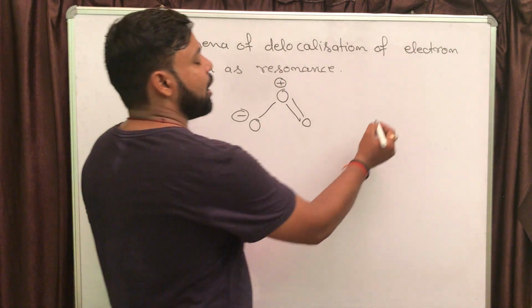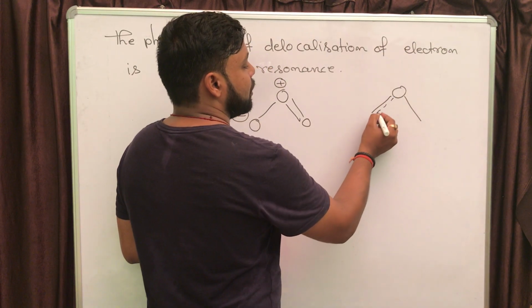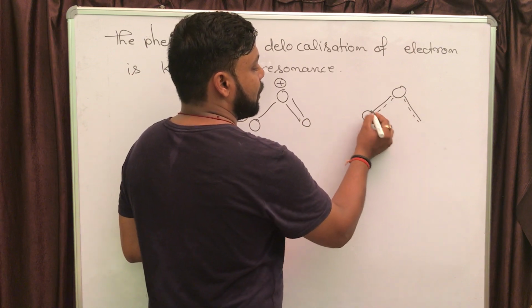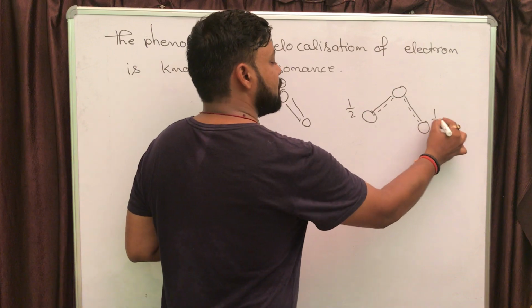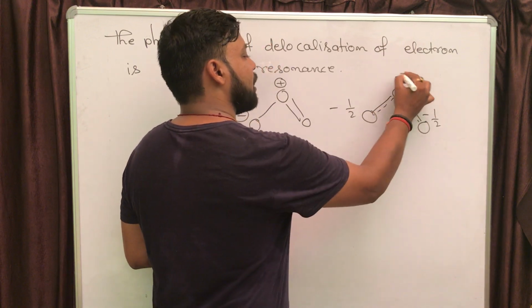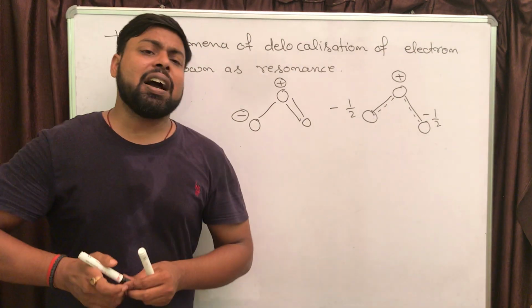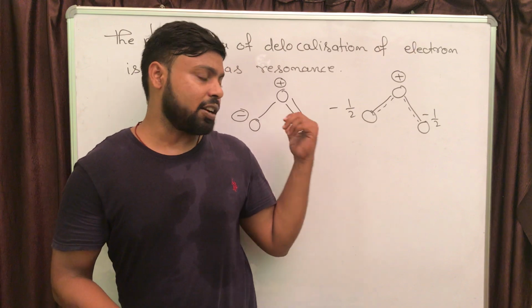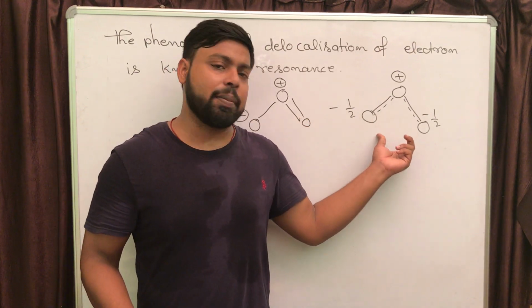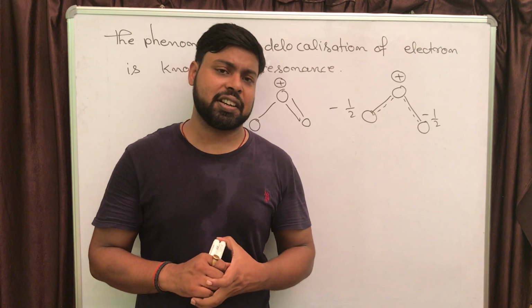And if you draw the hybrid, there is bond order 1.5 and 1.5 between any two oxygen atoms, and each terminal oxygen is carrying a charge of minus half, and the middle oxygen is carrying one positive charge. It may be asked, which one is more stable, this resonating structure or this hybrid? Which one is more stable and how can it be decided?